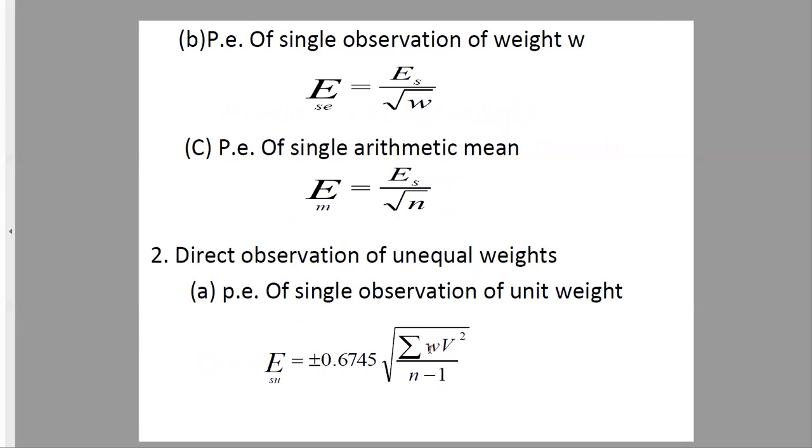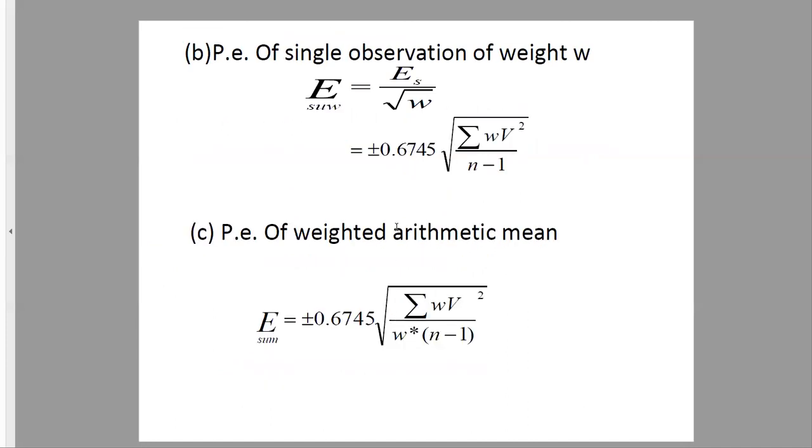So this will become W V square. The other formula will remain the same, just with this extra term. And in case of arithmetic mean, this W will come.